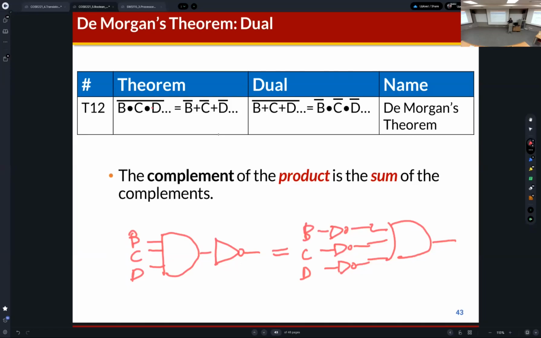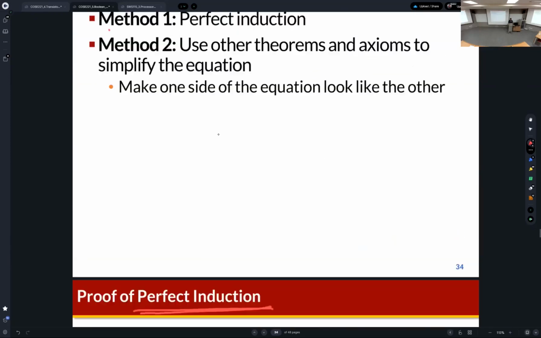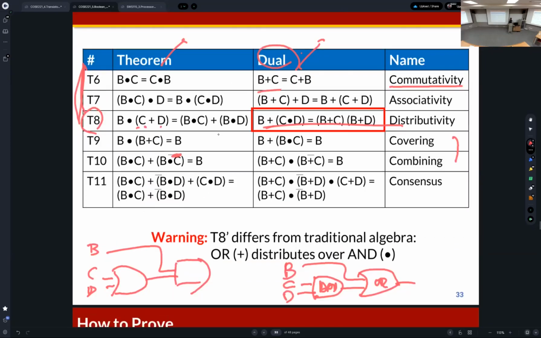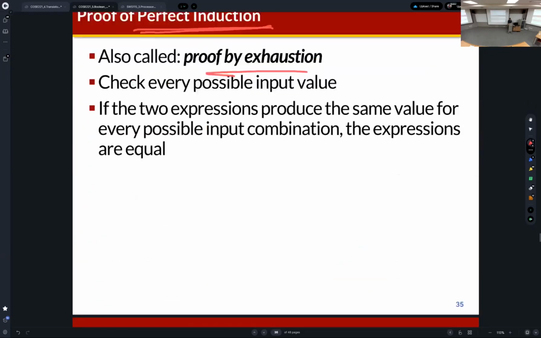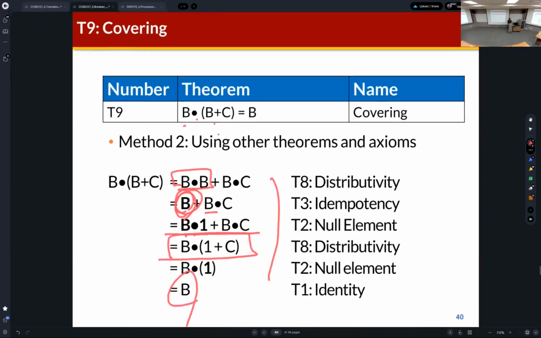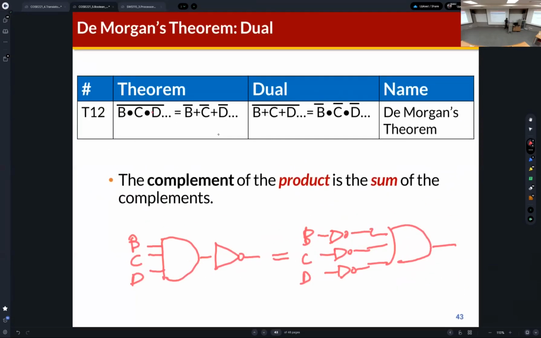So actually, this is the unique theorem of Boolean algebra. The previous theorems, like commutativity, associativity, and distributivity, are also common to real algebra. But De Morgan's theorem is unique to Boolean algebra. Also, the dual is the same.